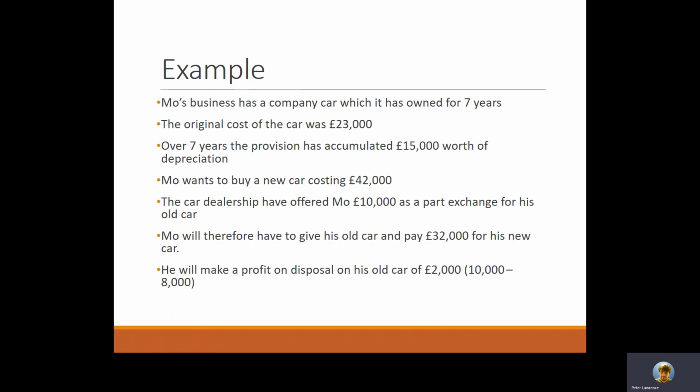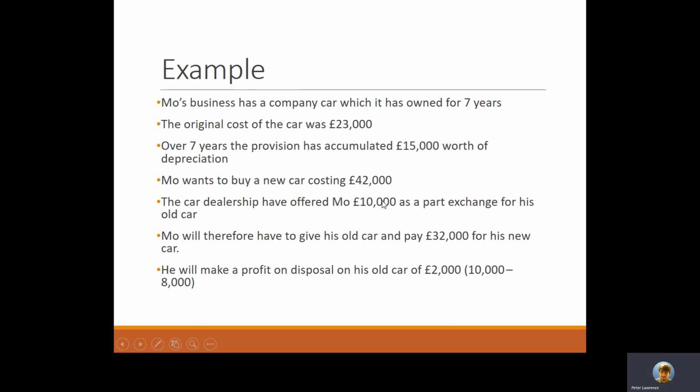Now, Mo's been offered 10 grand as part exchange, so he's going to have to pay 32,000 for his new car. Now, in this example, I've told you the value of the part exchange, but if you're just told the value of how much he's got to pay from the bank for his new car of 32,000, then if you know that the asset costs 42, then you know that you're receiving £10,000 as a part exchange value.